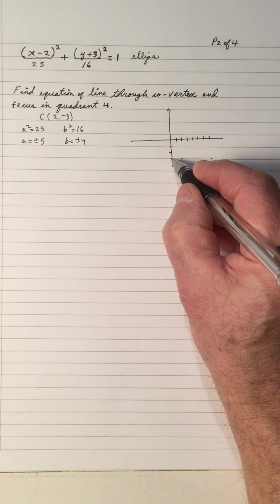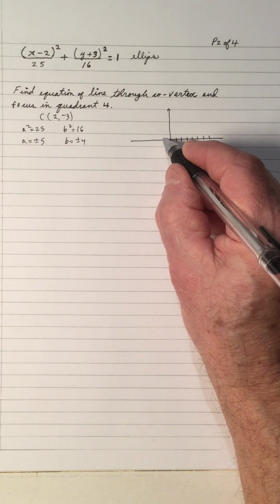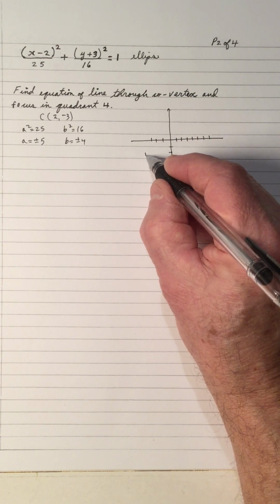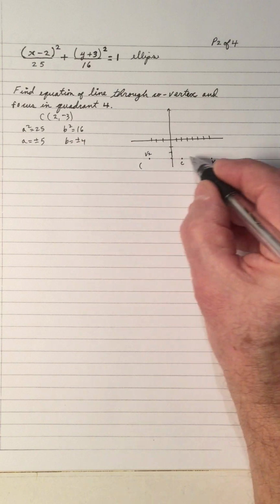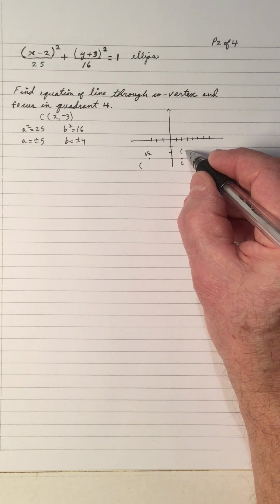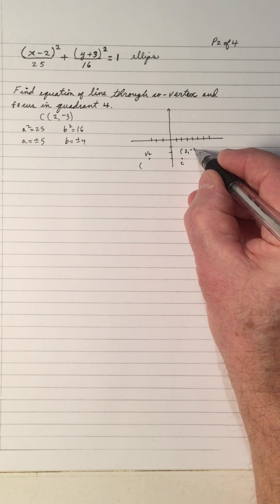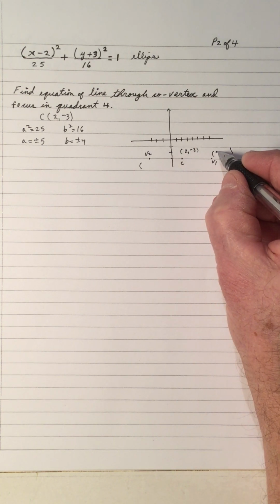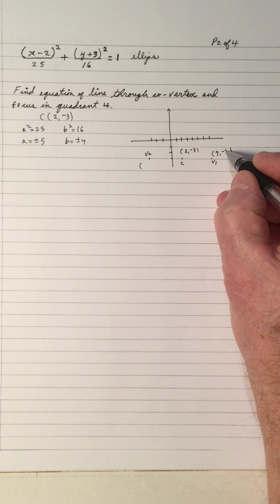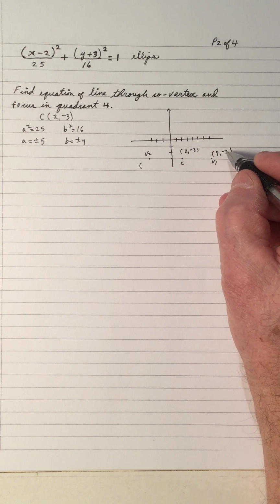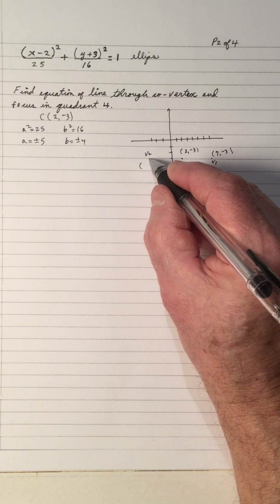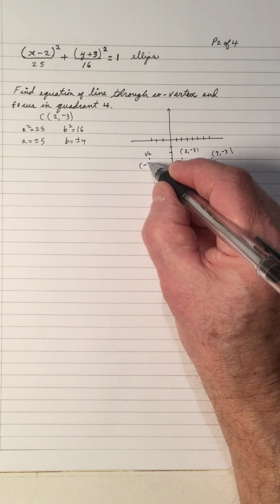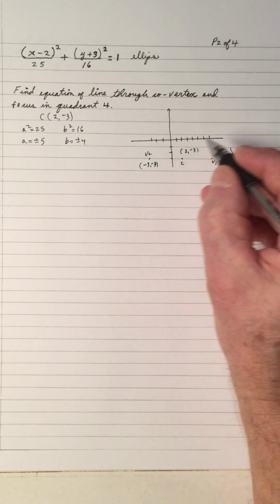We move 5 to the left, 1, 2, 3, 4, 5, so that's vertex 2. The center is 2, negative 3, so we add 5 onto the x to get 7, negative 3, and moving 5 to the left gives us negative 3, negative 3.